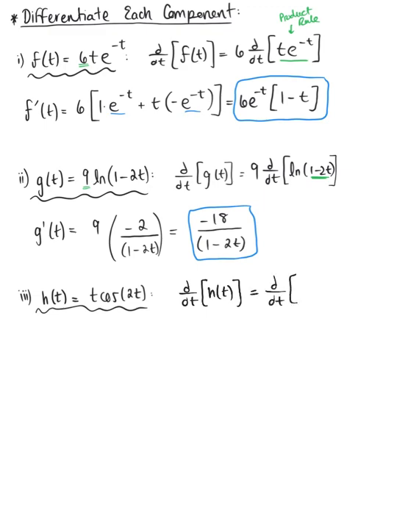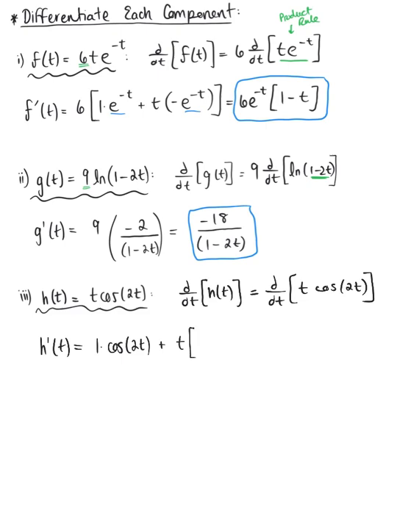And so here we have t multiplied by cosine of 2t, so we're going to need to apply the product rule. So we'll be left with h prime of t is equal to, the derivative of t is 1 multiplied by cosine of 2t plus the original t multiplied by the derivative of cosine.